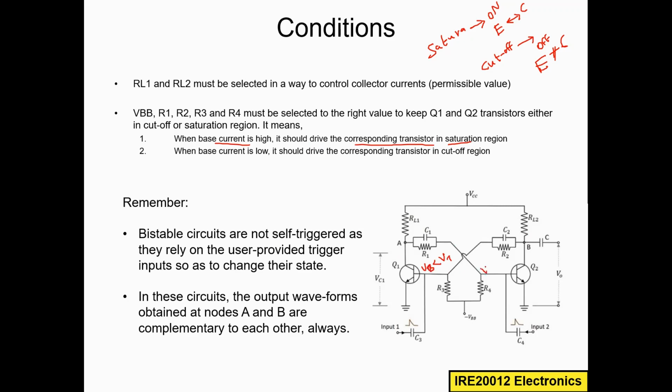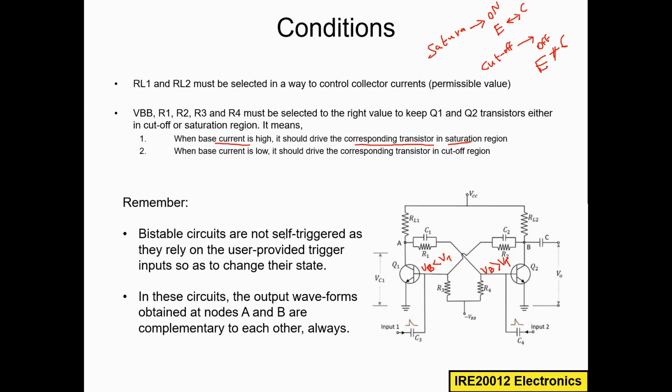But whenever VB goes greater than the threshold voltage, immediately it should drive the transistor into the saturation region, so there is conduction between emitter and collector. So you have to choose the correct R and C values.